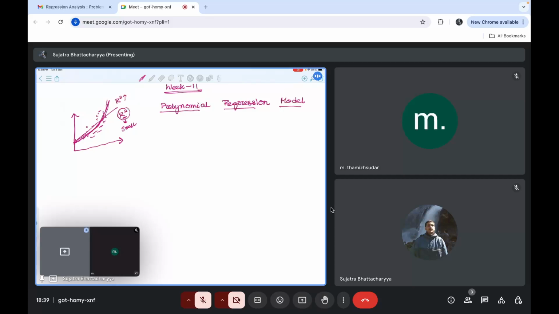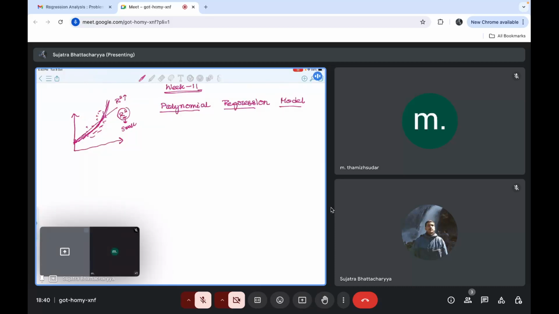So in data which shows a nonlinear relationship, it is helpful to bring in higher orders of x, like x square, x cube, and like that.